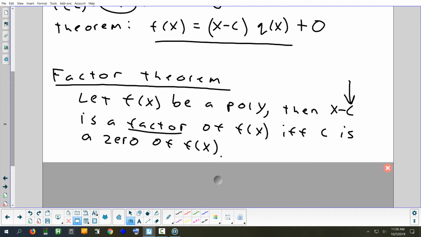Right? If you have a number that's a root, then you can also work backwards to figure out what the factor would be. So if I told you 3 is a root to a polynomial I'm thinking of in my head, then you would know that must be one of the factors to what I'm thinking of in my head. Right? So it works both ways, and we're going to try it both ways.